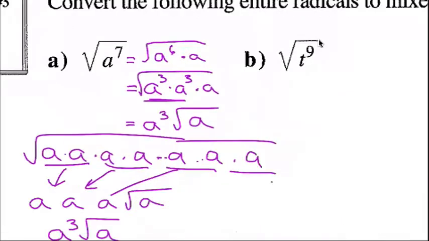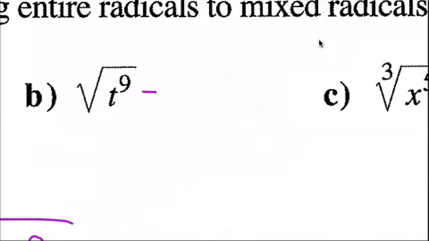Okay. You could mentally think about it too. This is square root, how many groups of 2 t's can I take out of 9 of them? I can take out 4 groups. So I could say, well, that's going to be t to the 4th with 1 left over t, not 9, t.